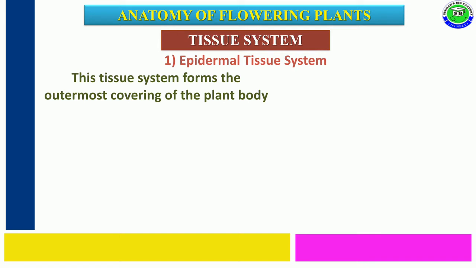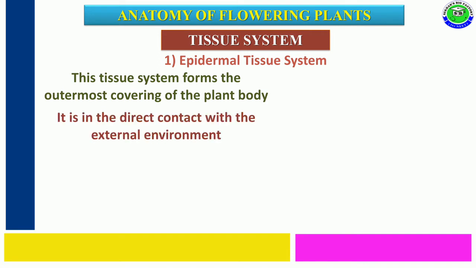In the plant body, the tissue system which forms the outermost covering layer is called the epidermal tissue system. This epidermal tissue system is in direct contact with the surrounding environment, and the plant body responds accordingly.